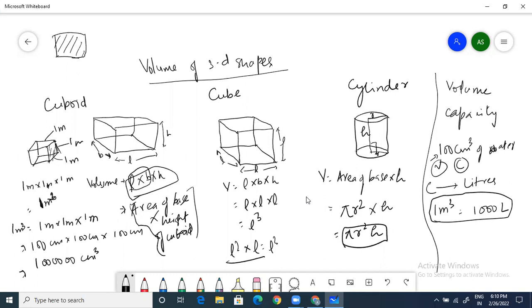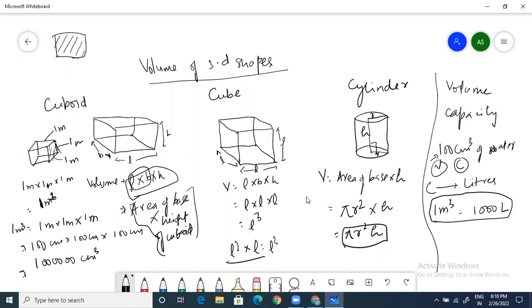Imagine a cube where the length is 1 meter, the breadth is 1 meter, and the height is 1 meter. Imagine a tank which is cubical in shape, with the same length, breadth, and height of 1 meter each. Then the amount of water it can contain is 1000 liters.